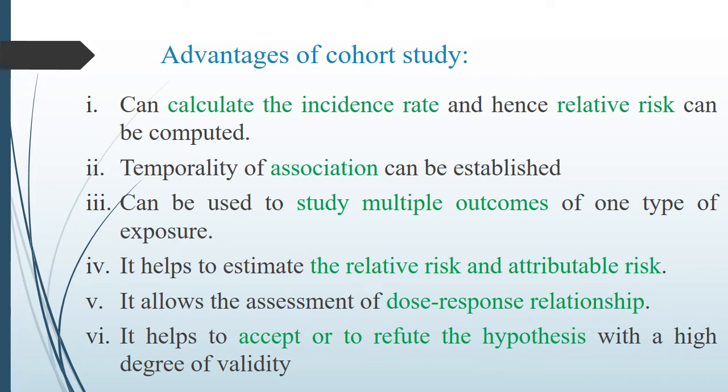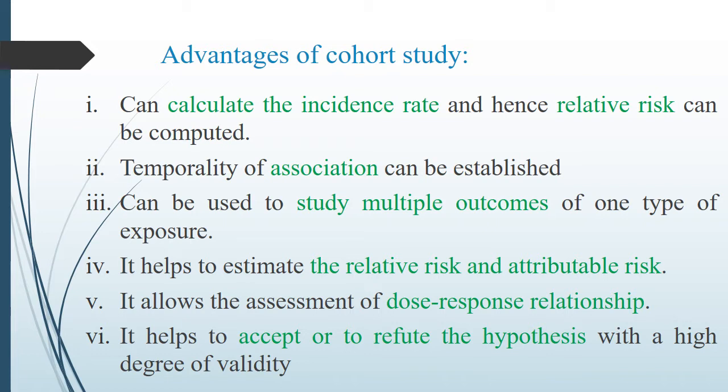Relative risk means it may be related to any kind of disease, but attributable risk means absolute risk. For example, by doing a lab test, we can absolutely come to know what the risk is. So this is the attributable risk.